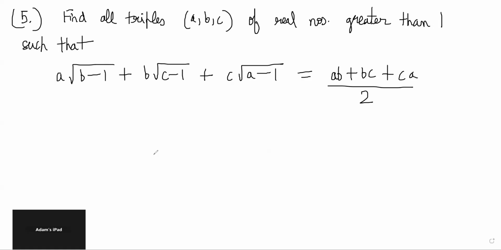b over 2. a over b minus 1. And this will be a over b minus 1, and this must be a over 2.